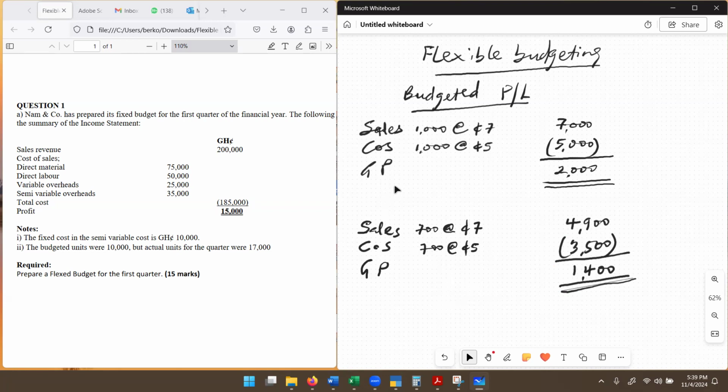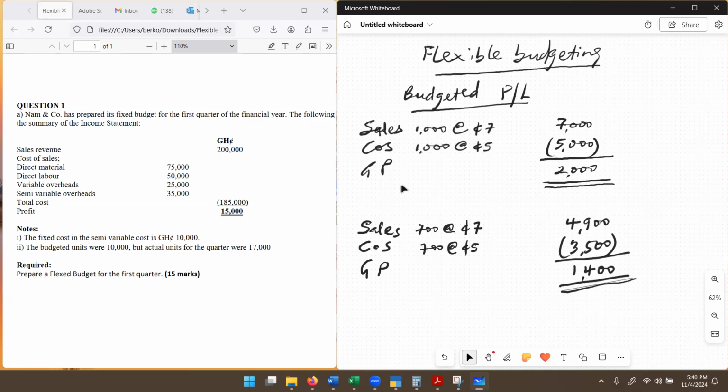If we begin to compare the sales figures based on 1 million units to the actual sales figures based on 200,000 units, we will be blaming ourselves for saying that probably we haven't done well. But it's because of the activity level. If we had flexed the budget to reflect 200,000 units, we would see that we would rather have been doing well, instead of the bad picture that it is painting. And so that is the idea under flexible budgeting.